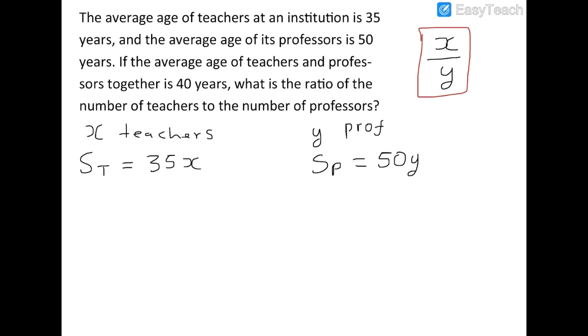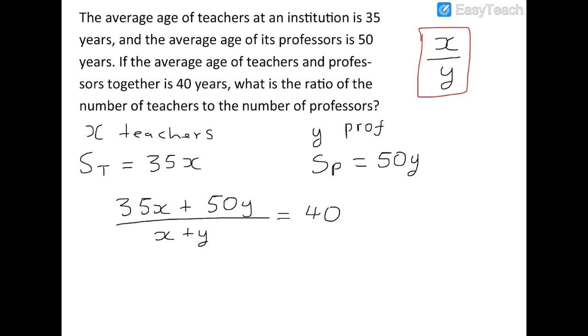Okay, so they told us that if we take the sum of the ages of teachers plus the sum of the ages of professors, divided by the number of teachers and professors, then the average will be 40. Okay, so that's the average age of teachers and professors combined.